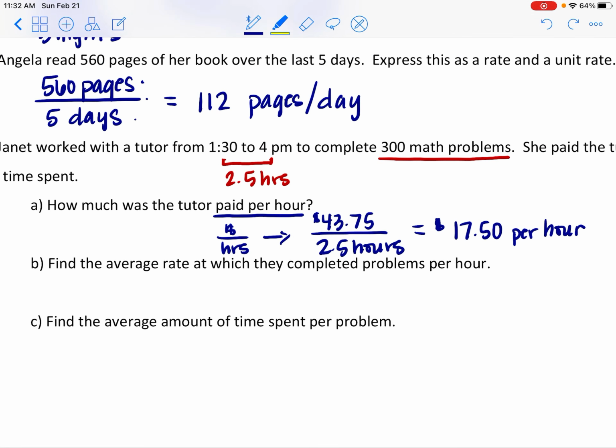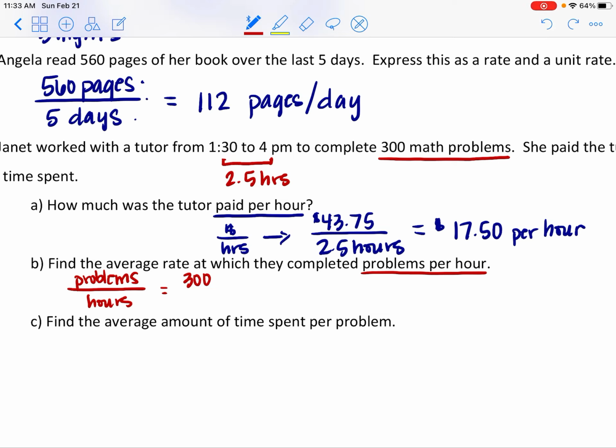All right, next one says find the average rate at which they completed problems per hour. So problems per hour, that means divide the number of problems by the number of hours. So in this case, there were 300 problems.